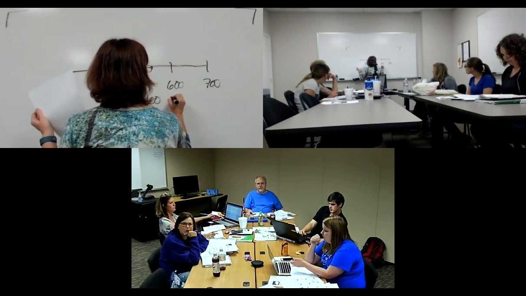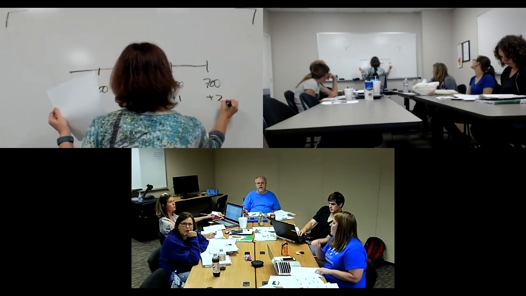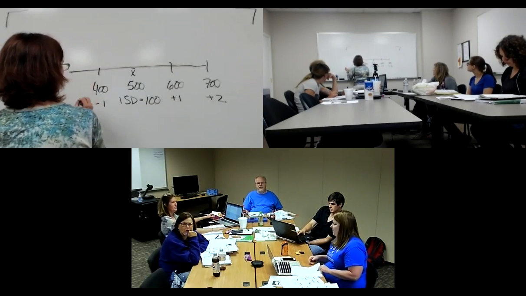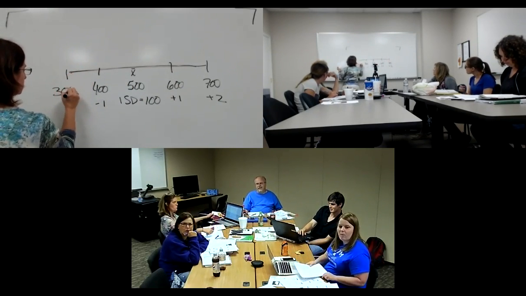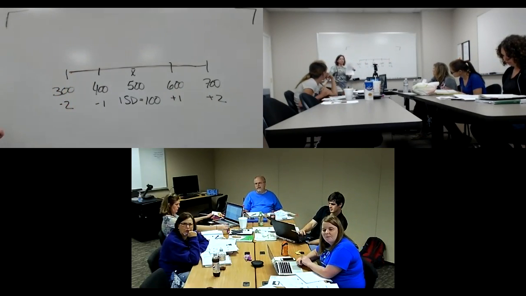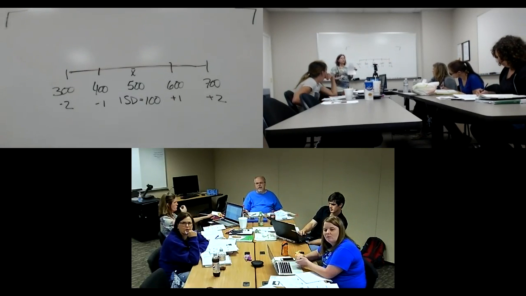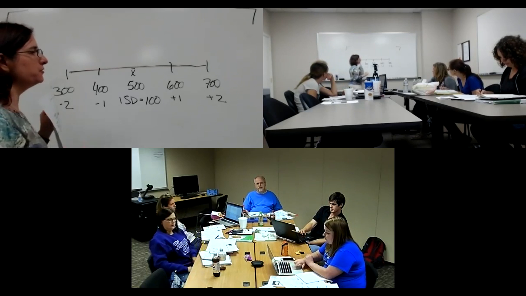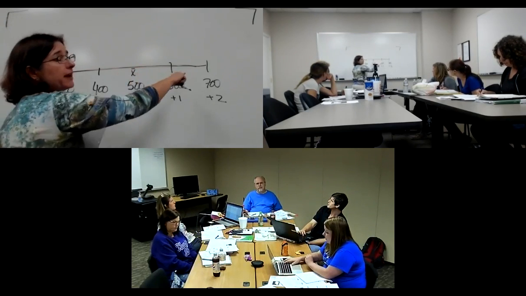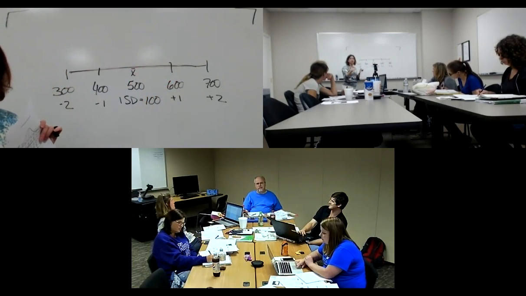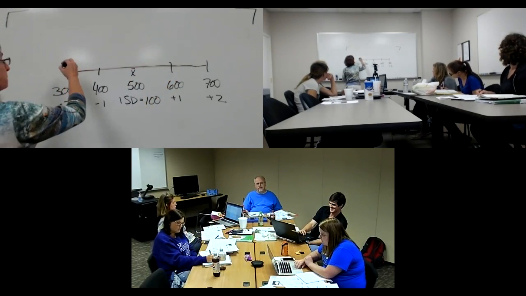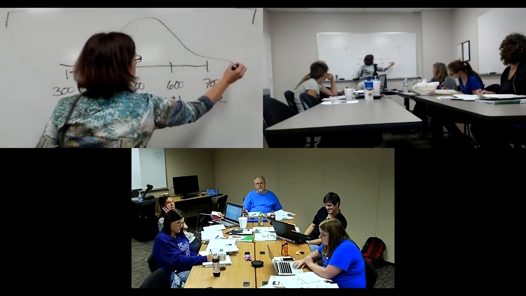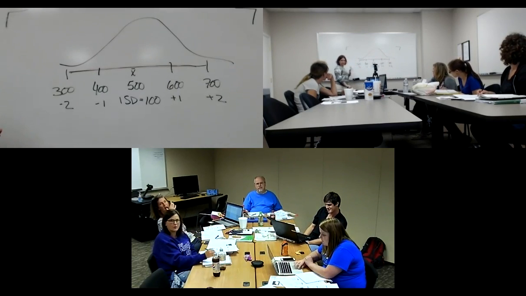This is 1, 2, minus 1, minus 2. So now you know relative to all of the other scores where your score is. You know you got a 700, you know you're way up there, and you're going to be in the tail at that point.